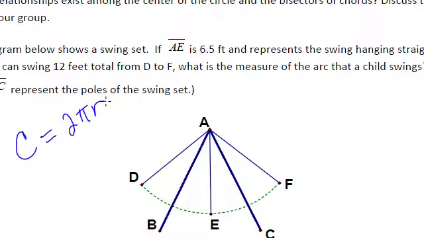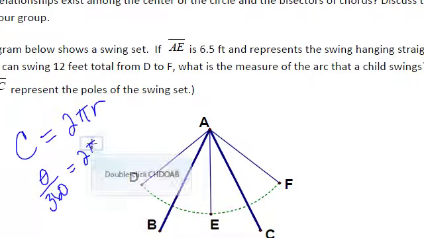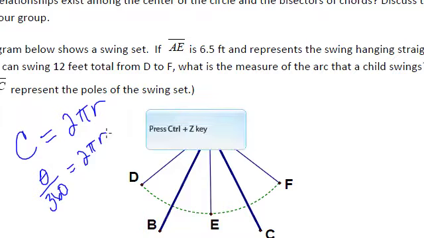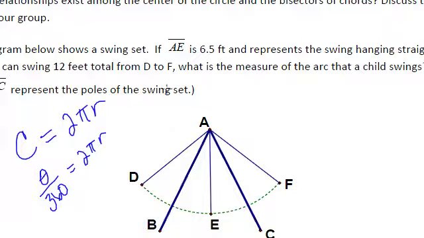Yes? So, since we only have a portion of a circle, we're going to use the portion we know divided by 360 times 2 pi r, and that would equal a distance or a length.